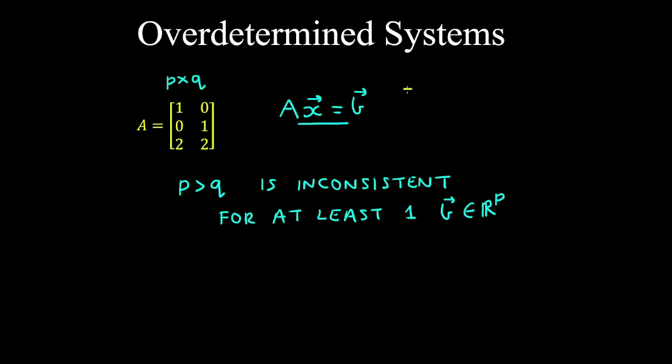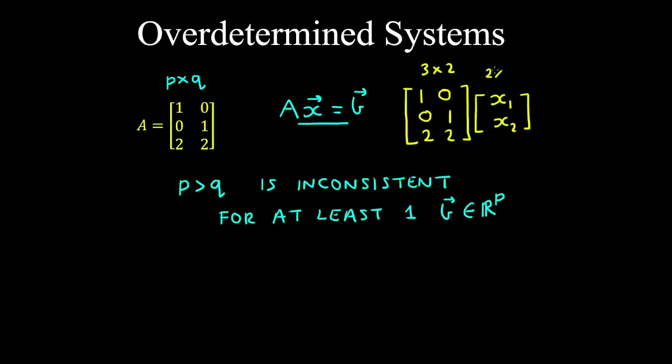So note that in this case, our system of equations can look something like this. So we have our matrix A, which is a 3 by 2, and by matrix multiplication, that must be multiplied by a 2 by 1 vector. So we have a 3 by 2 by 2 by 1.